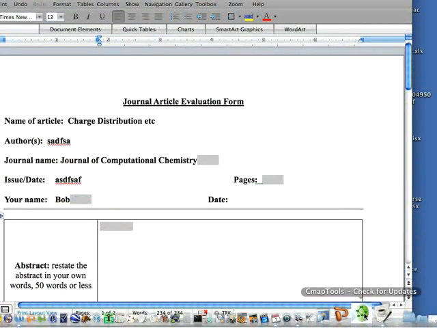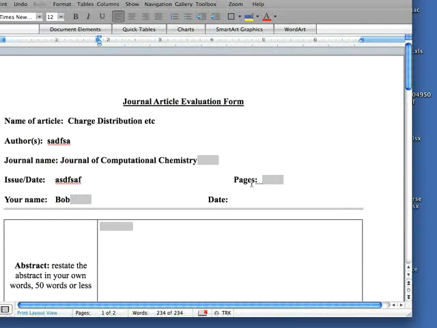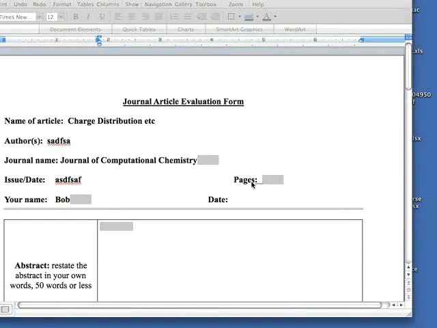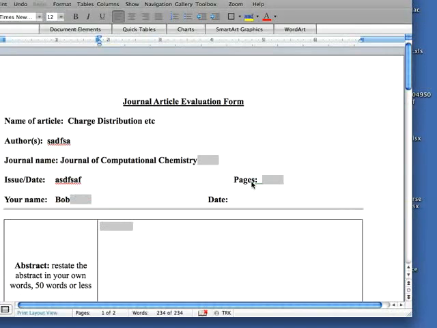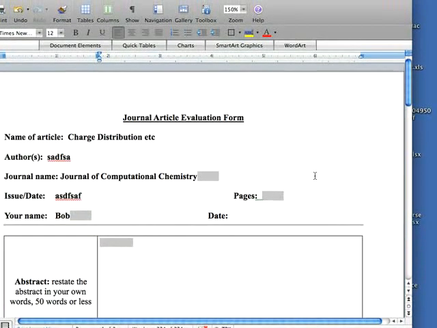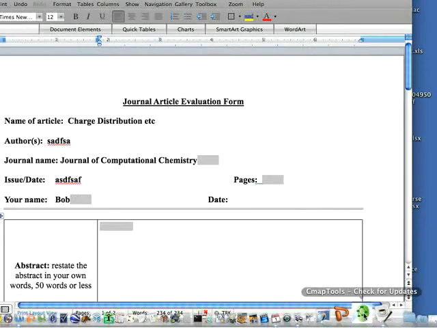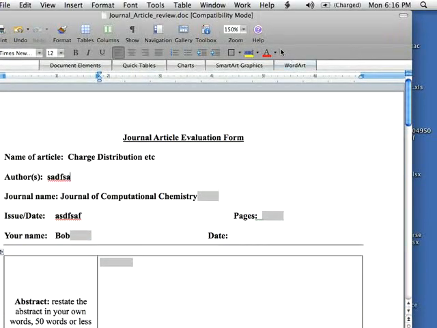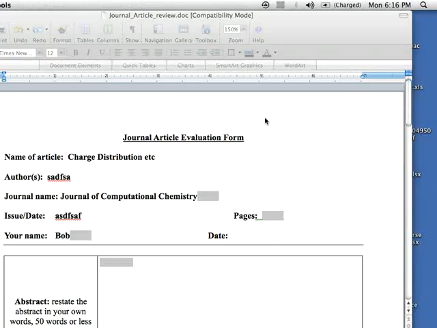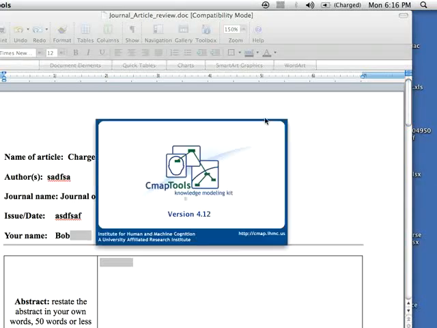One more thing that you can do: we talked a little bit about concept maps as a part of this course, and I decided to not do concept maps for a little while. What I'm doing right now is loading up a concept map, but oftentimes I will build a concept map for a particular journal article.